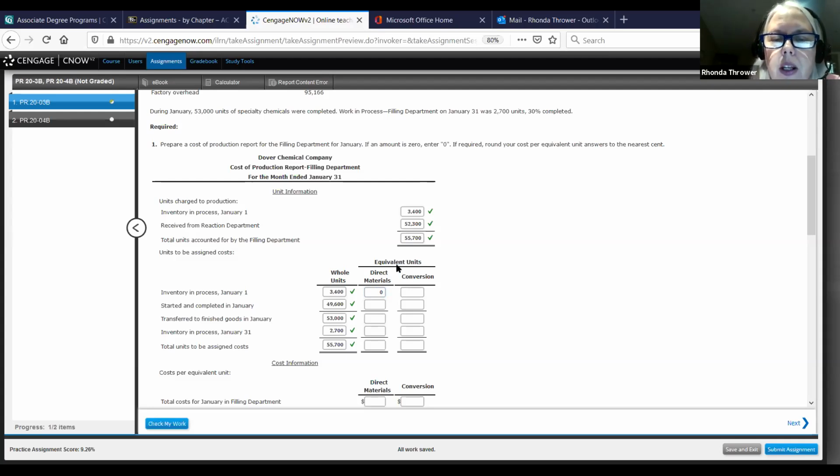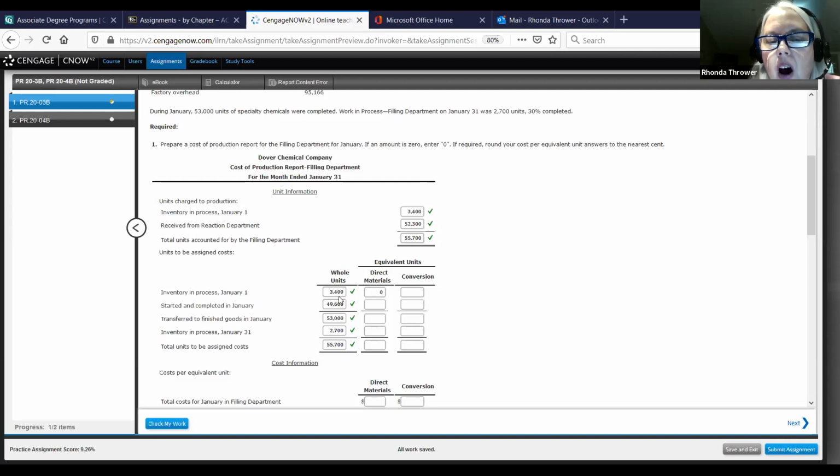We have broken down the equivalent units into direct materials that will make up the equivalent units and conversion that will make up the equivalent units. Our direct materials, our beginning inventory, we had 3,400 whole units. All 3,400 units were started last period.